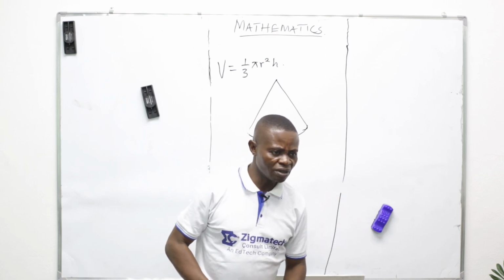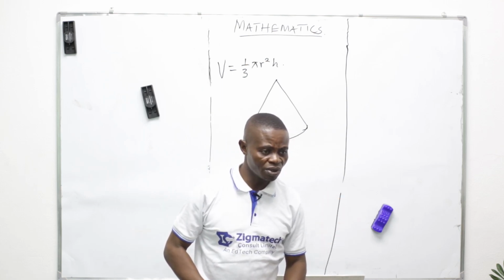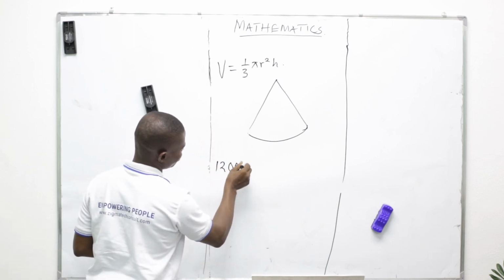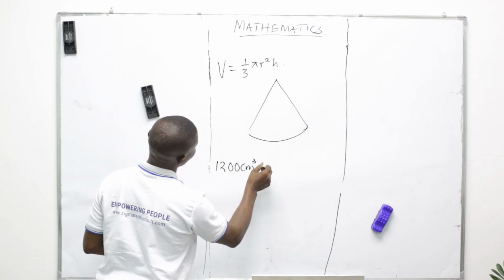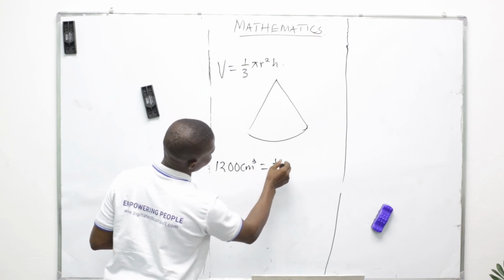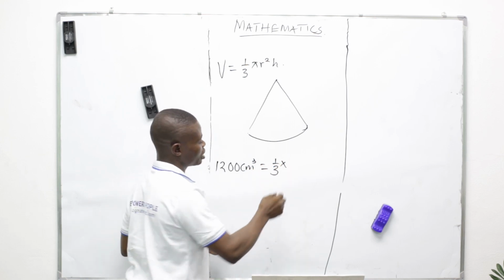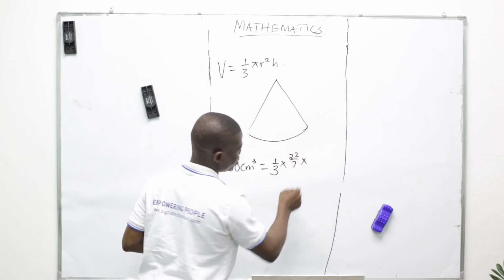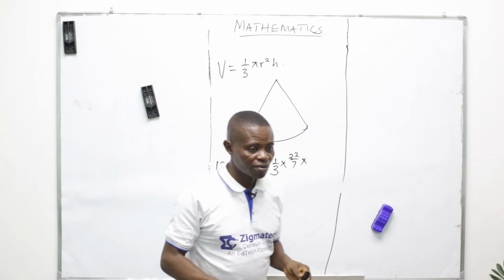We'll have the height of this cone to be what? 24. But the volume, we are told it is what? 1,200 cm³ to give us 1 over 3. Of course, all of us, we know that pi is a constant known as what? 22 over 7.